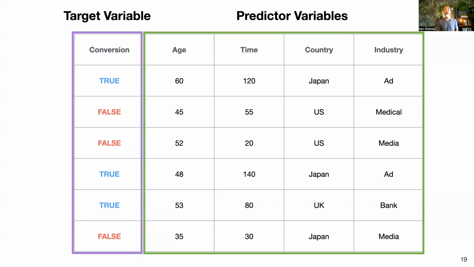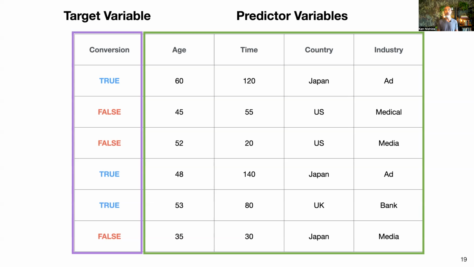And then we want to predict this conversion based on these customer attributes. We call it the variable that we are interested in. We call it a variable, but in the table format, this is actually the column. We want to predict this conversion status based on the green squared information, which we call predictor variables.